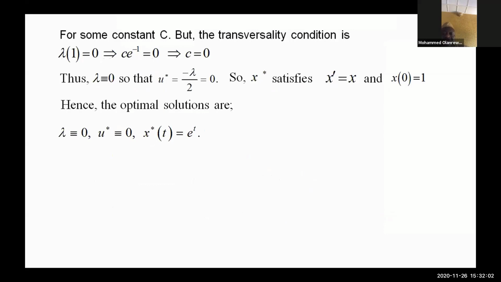The essence of doing that is to be able to know our constant there, which is 0. Then, because we are given some condition there, we get the optimal solution as lambda equivalent to 0, u asterisk equal to 0, and s asterisk of t is e to the t.